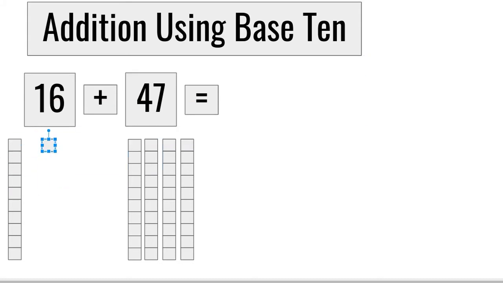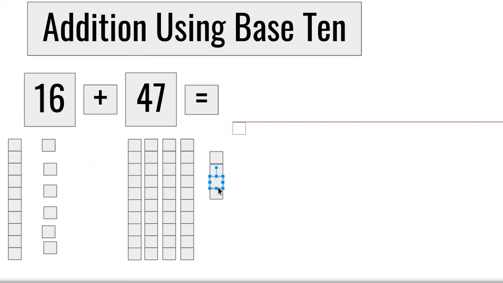So now let's see. We've got 6 ones over on this side. And how many ones are going to be on the other side? 7. We're going to have 7 ones over there.